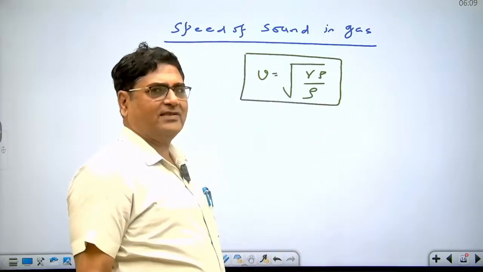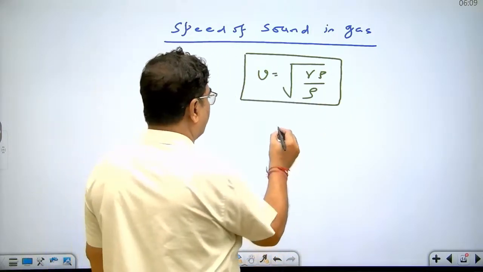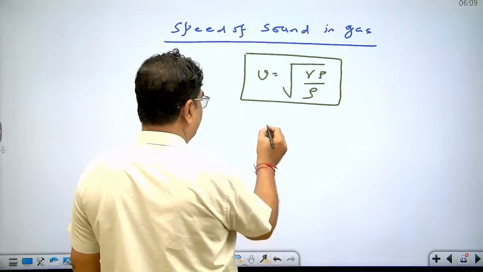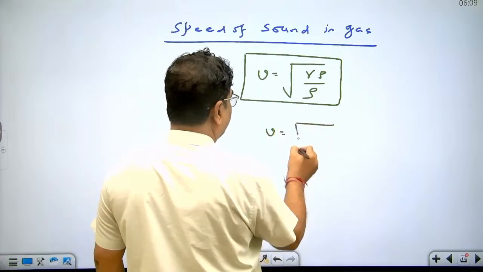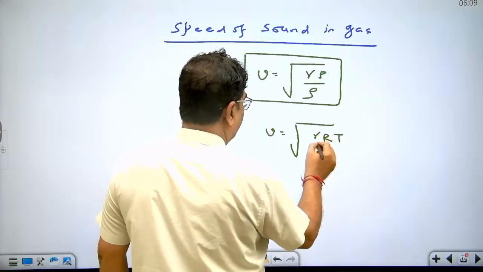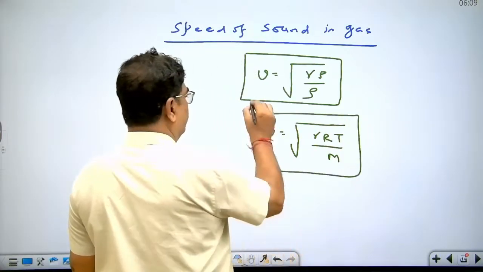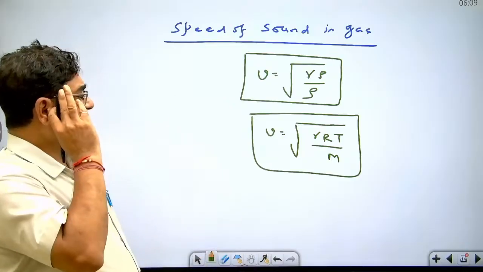Density can be written as mass upon volume. So this formula can also be written like this: V equal to under root gamma RT upon M. M is the molar mass and T is the temperature in Kelvin.